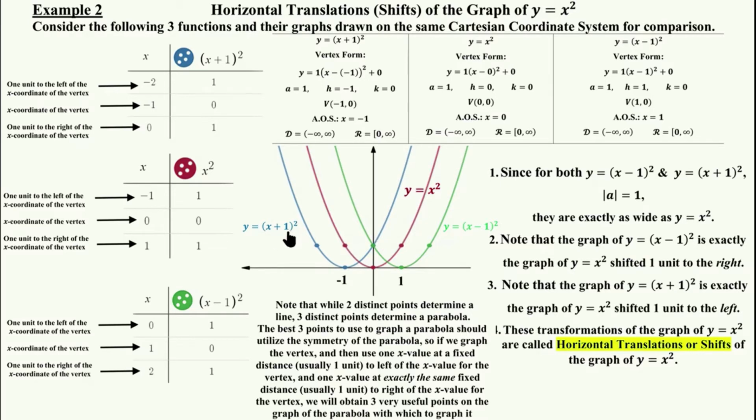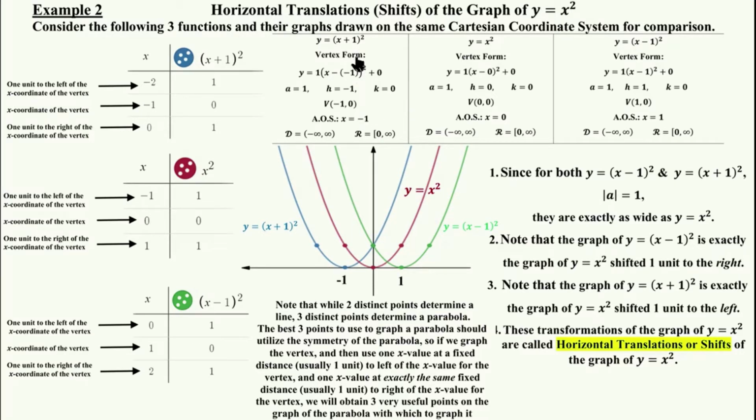And on the left, we have y equals x plus 1 squared. So you'll notice that depending on the value of h, you'll either be moving to the left or to the right. This is a little bit confusing for some students because they see x plus 1 and they think, oh, this should move to the right.